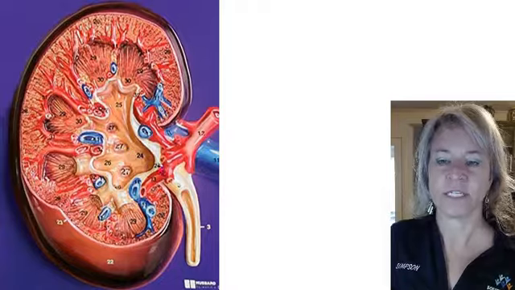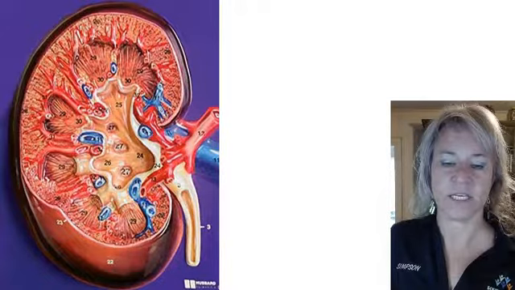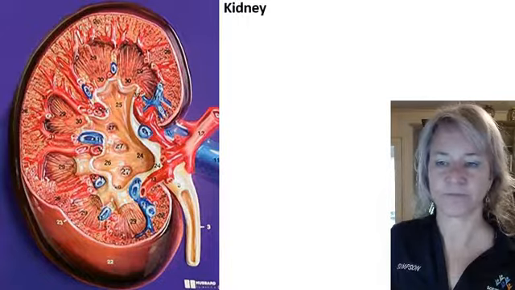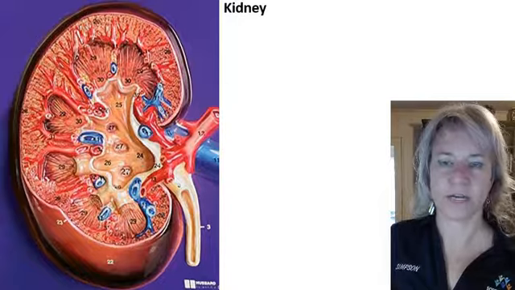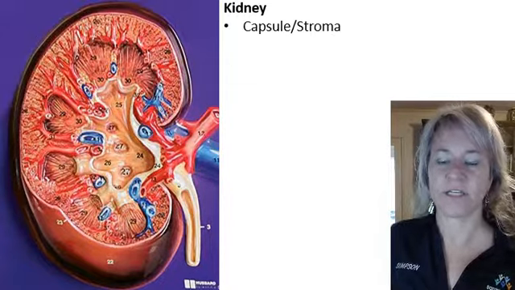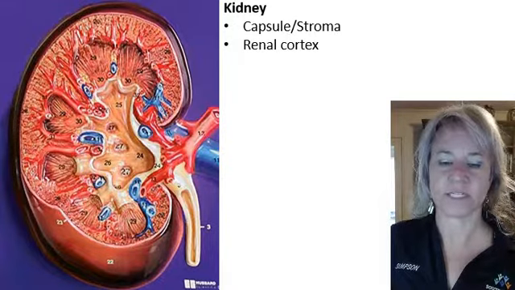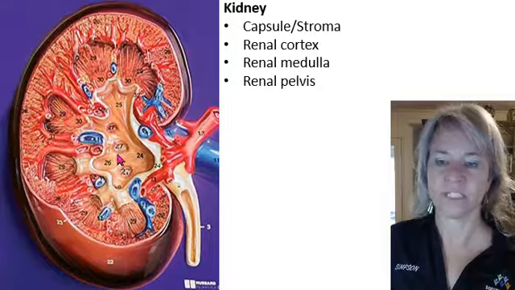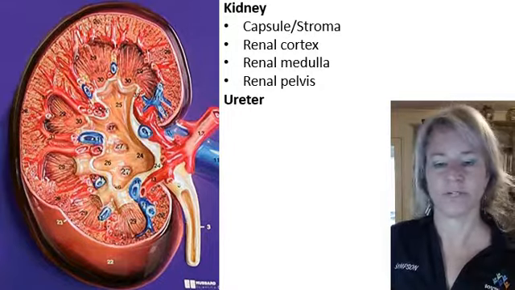This is the renal pelvis, and this right here is the ureter. So the entire organ there is a kidney. You have the capsule or the stroma, renal cortex, renal medulla, renal pelvis, and the ureter right here.